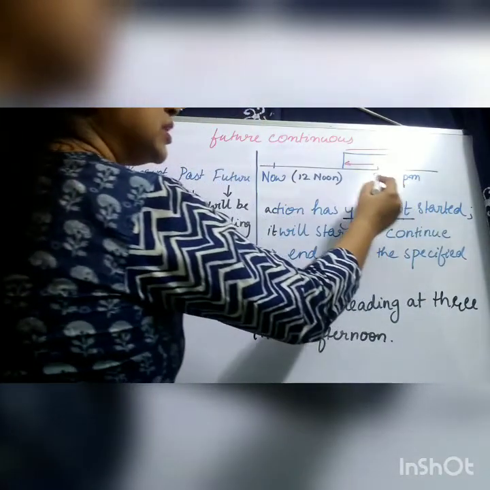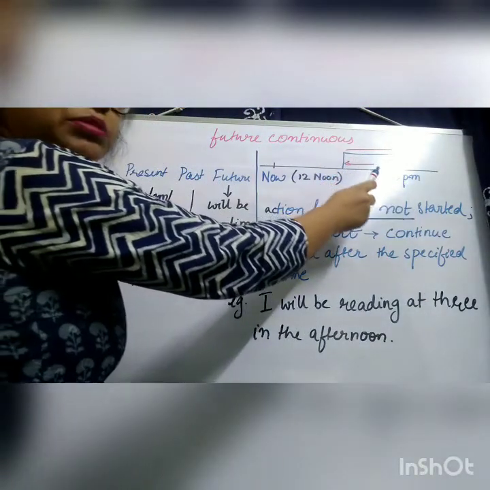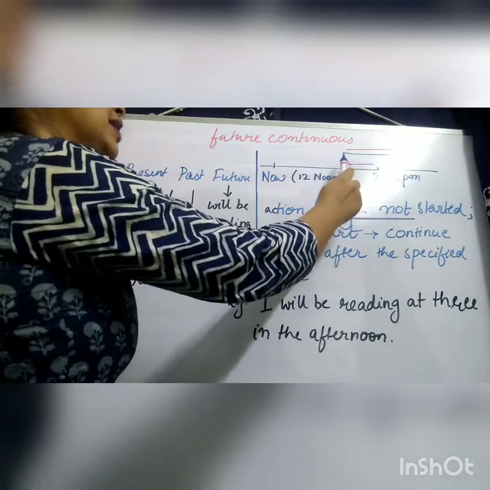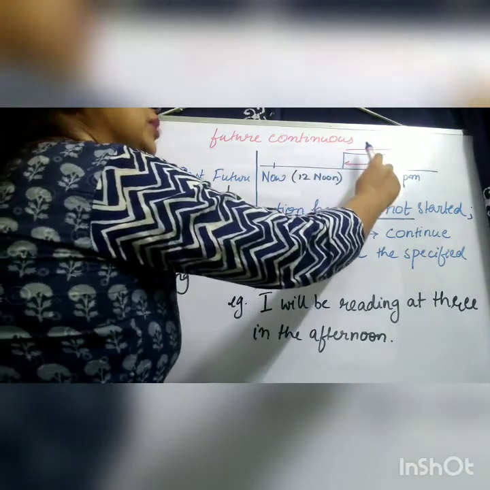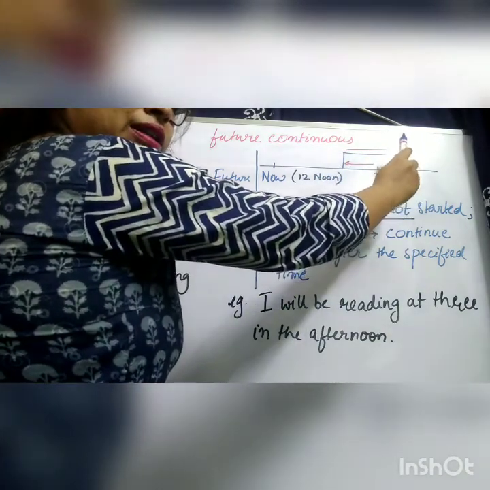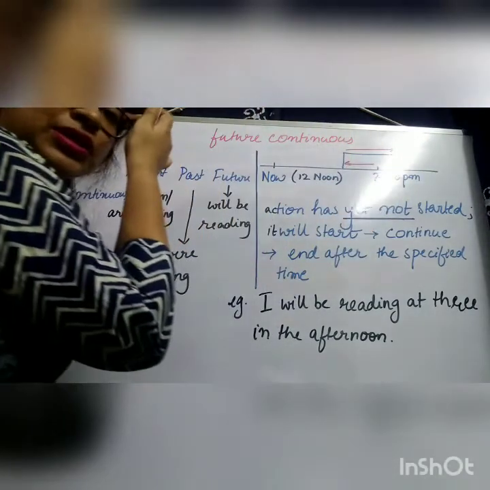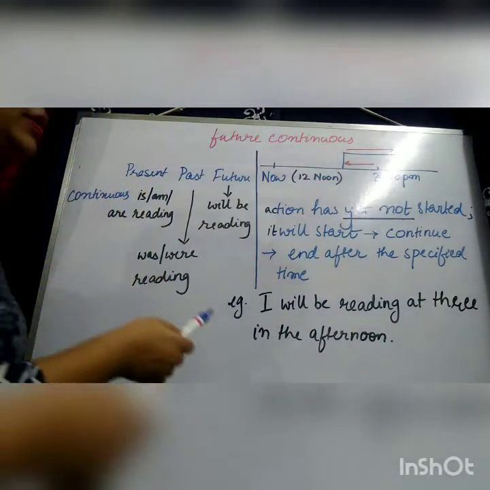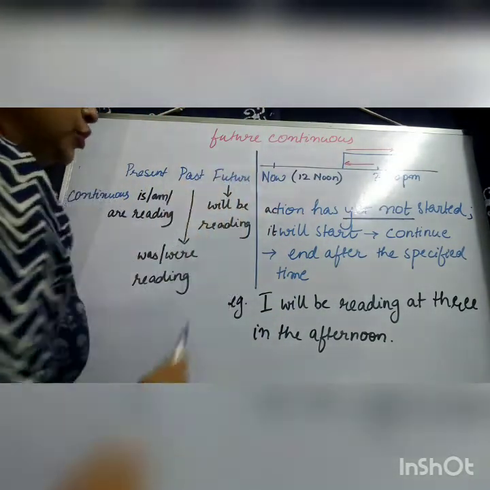It will start sometime in future and will continue till 3 p.m. It will cross the time and the action will end sometime after 3 p.m. So this is future continuous tense.